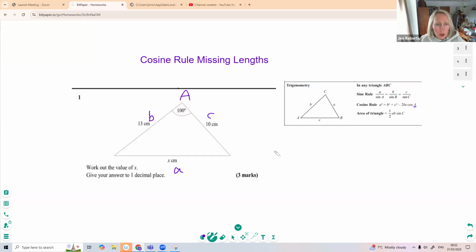Okay, I'm going to just substitute all my values in. Little a is x, so x squared equals 13 squared plus 10 squared. Now that 2bc means 2 times b times c.